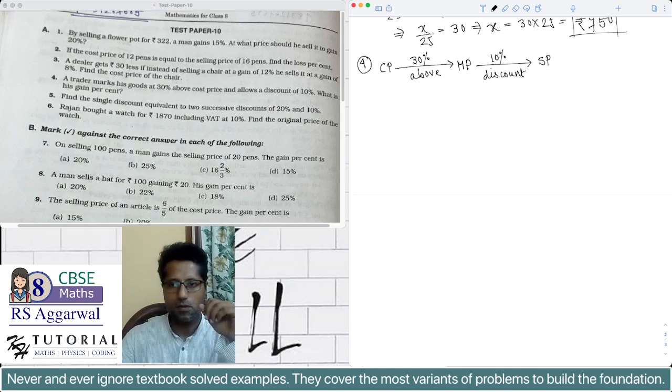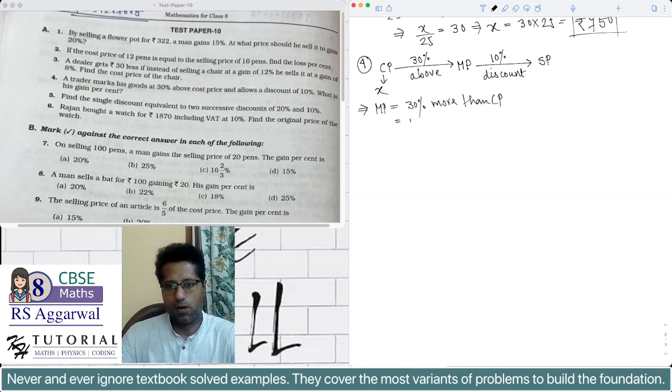Okay, so let us assume the cost price to be x. Now if the cost price is x, the mark price is 30% more. 30% more means more than the cost price.